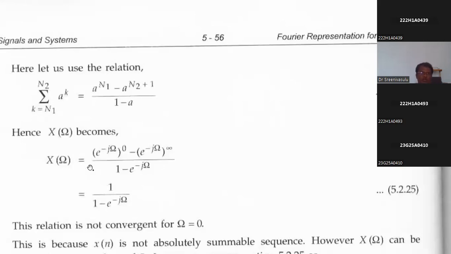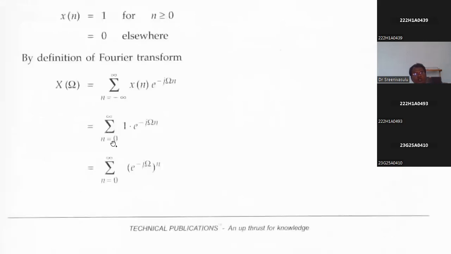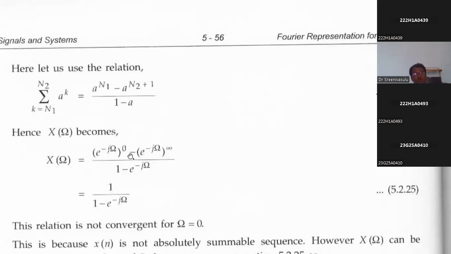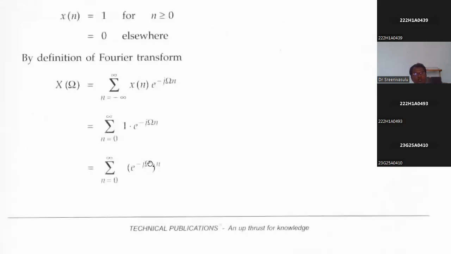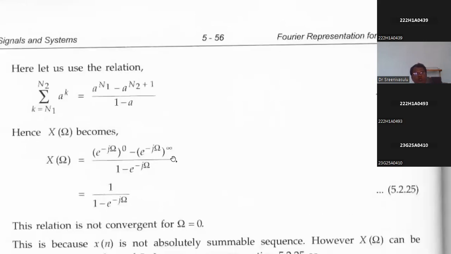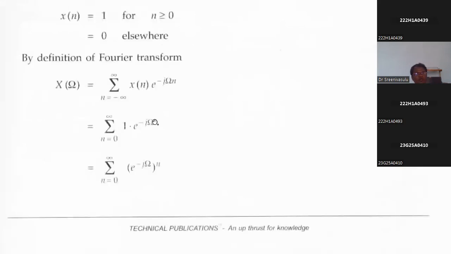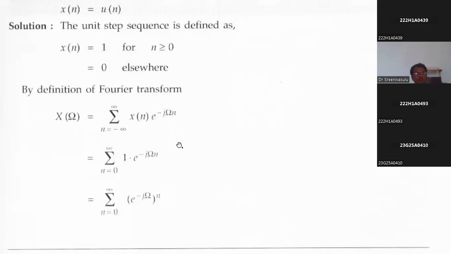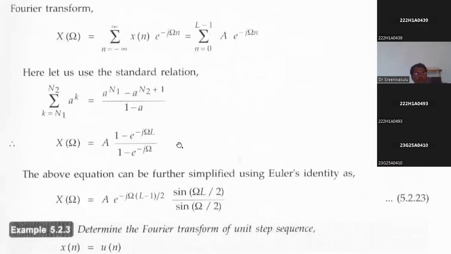The same formula applies here, where instead of a we have e power minus j omega, and n1 is 0. So e power minus j omega whole power 0 minus e power minus j omega whole power n2 plus 1.